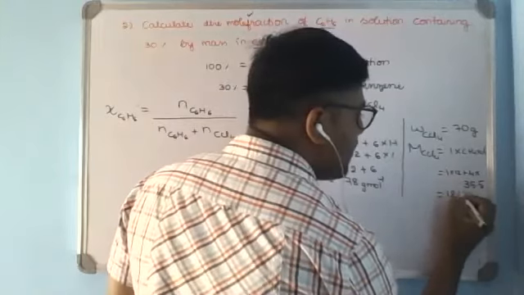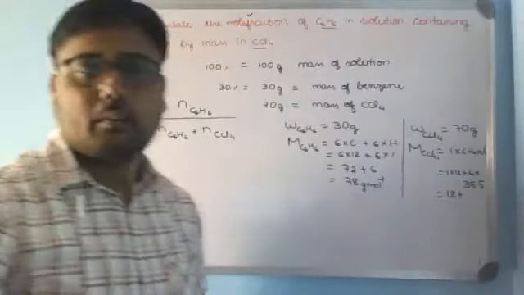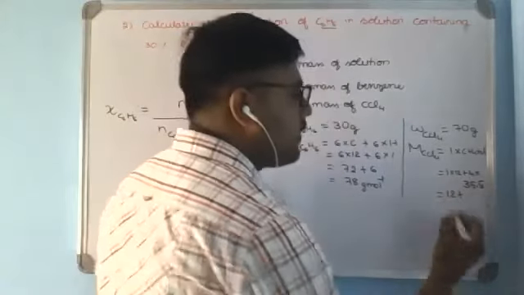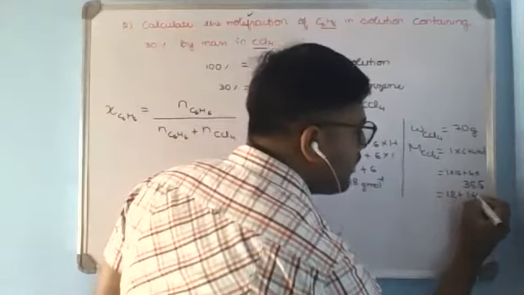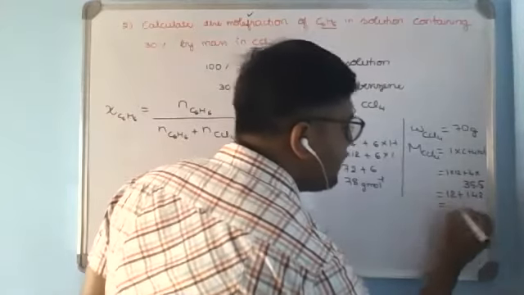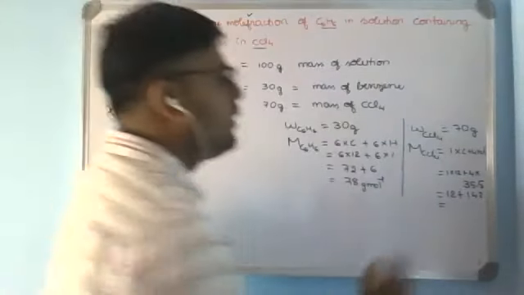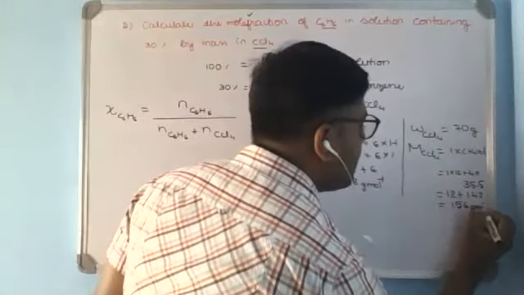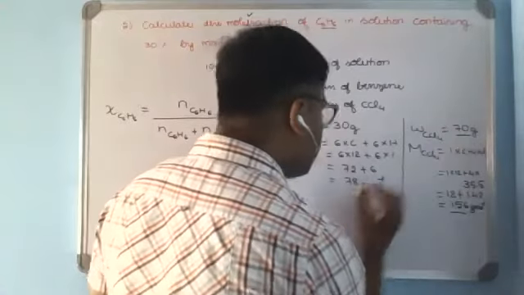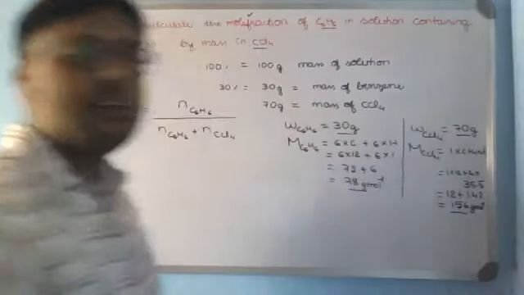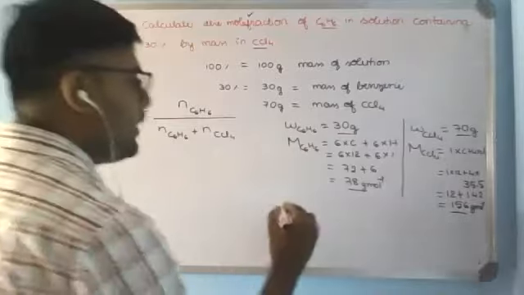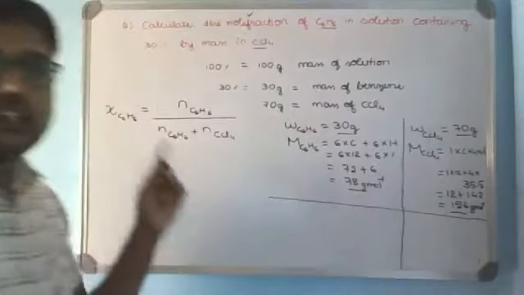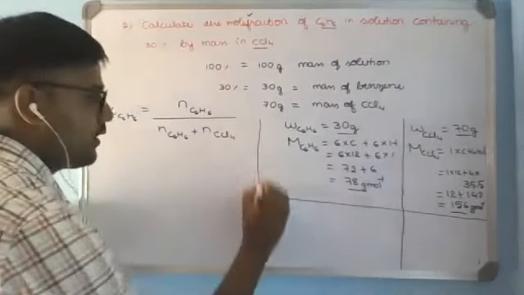Now 35.5 into 4 is 142, plus 12, so it is 156 gram per mole. Now we know the molar mass and mass of the components, so we can find their corresponding number of moles. Once we find them, we'll substitute them in the mole fraction calculation.